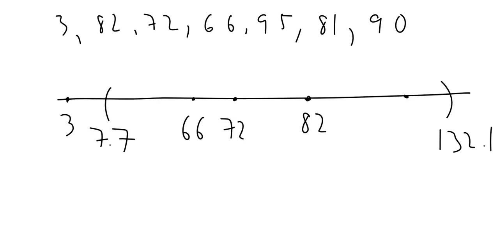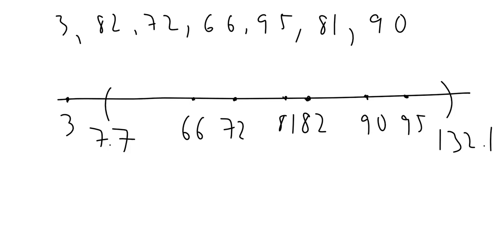I'm going to put it over here, say. And this is not to scale, it's just in correct order. 81 is a little less than 82. 90 is between 82 and 95. Here's 90. So here, on a number line, are all the points of the data set.